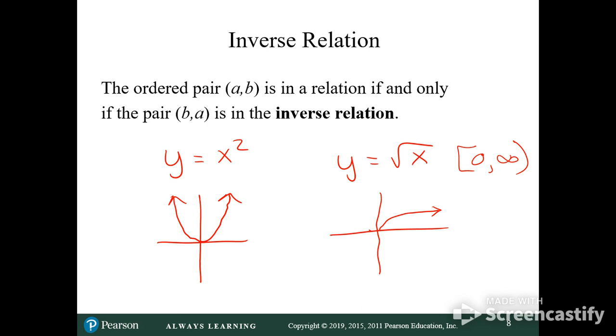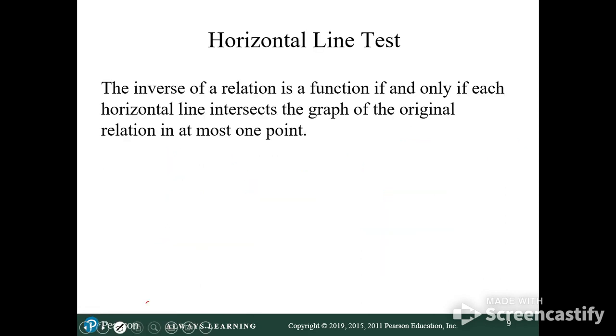So if we're talking about inverses, this only has an inverse from 0 to infinity. That's only where it has an inverse. This is a function wherever, but only the 0 to infinity part has an inverse. All right. Let's continue on to the next slide.